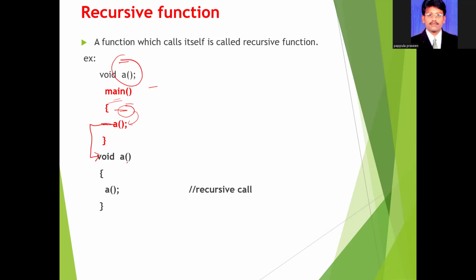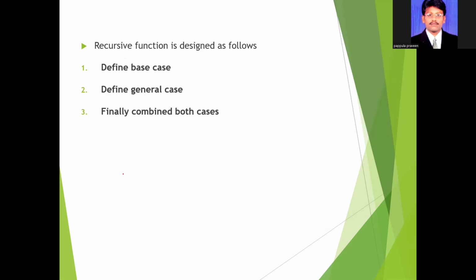Here we have some statements, like input and output functions, and again the function is called. We move to the function again until the base condition is satisfied. Once the base condition is satisfied, we return from the function. So here we write the base condition and the function call.